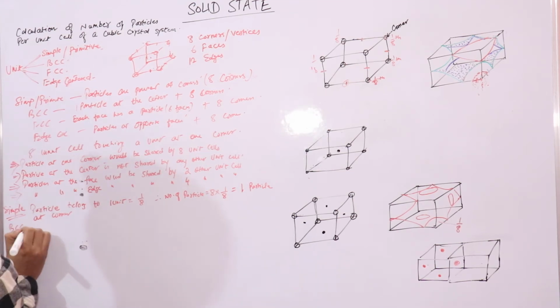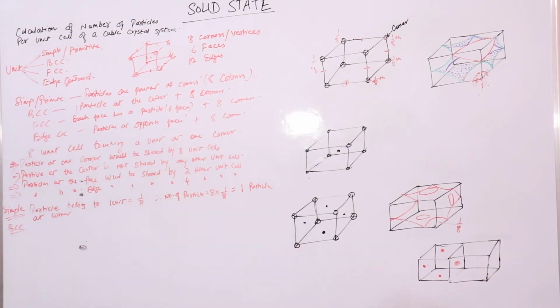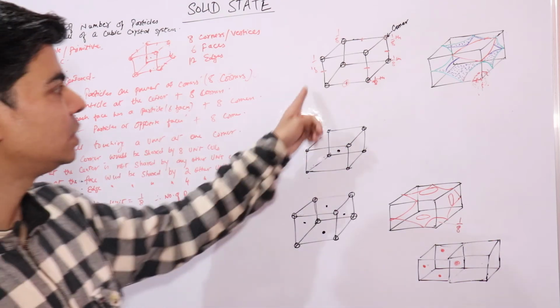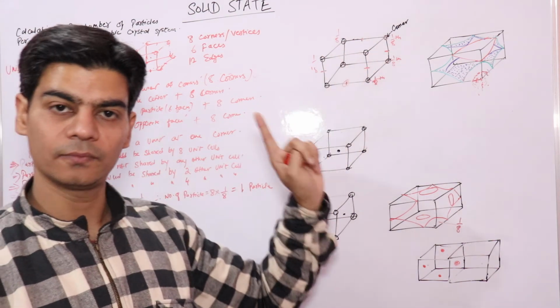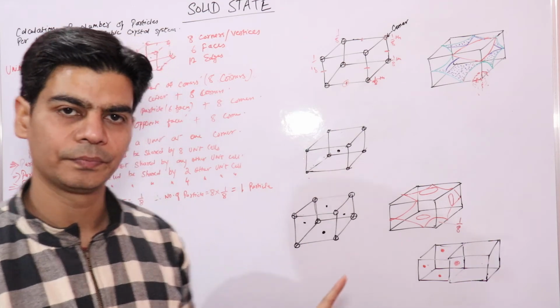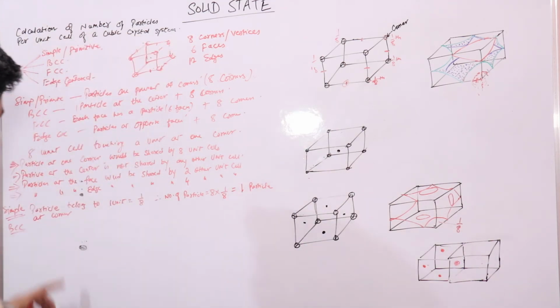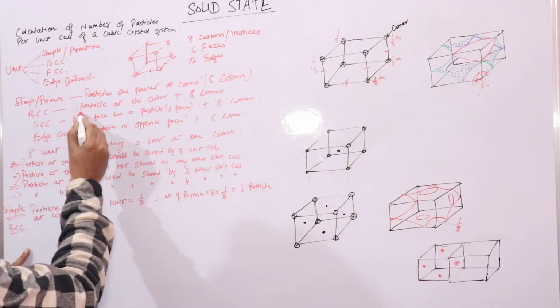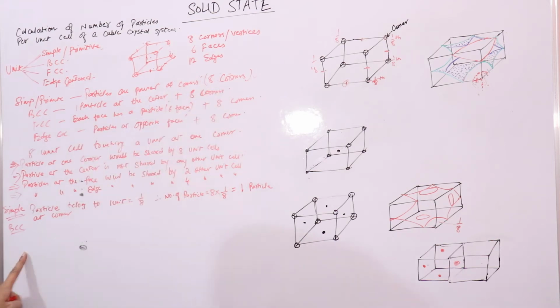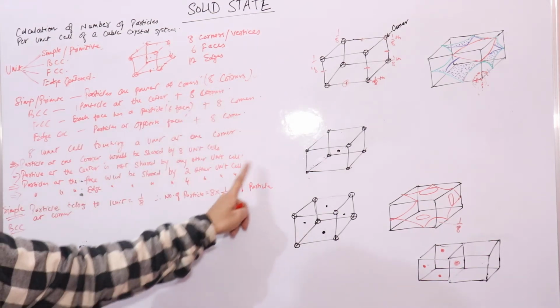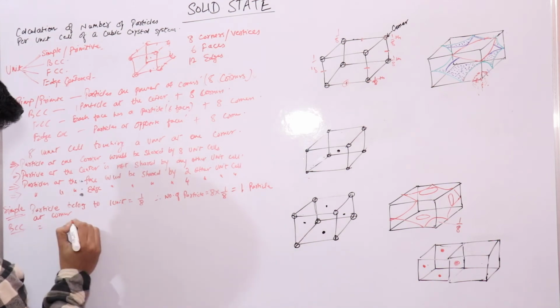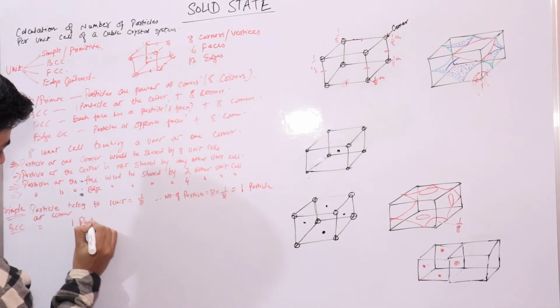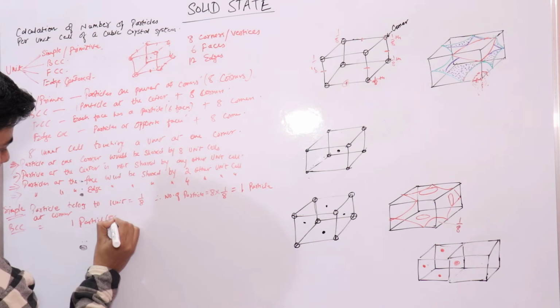In BCC, in addition to 8 corners, we have 1 particle at the center. So BCC has 1 particle at the center plus 8 corners. Due to these 8 corners, we have 1 particle, right? This is due to 8 corners.